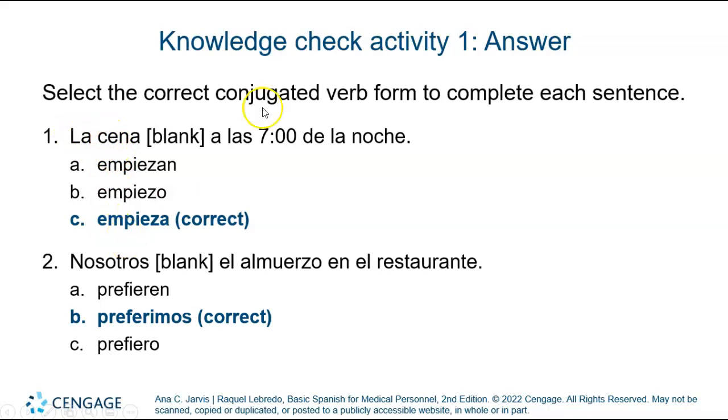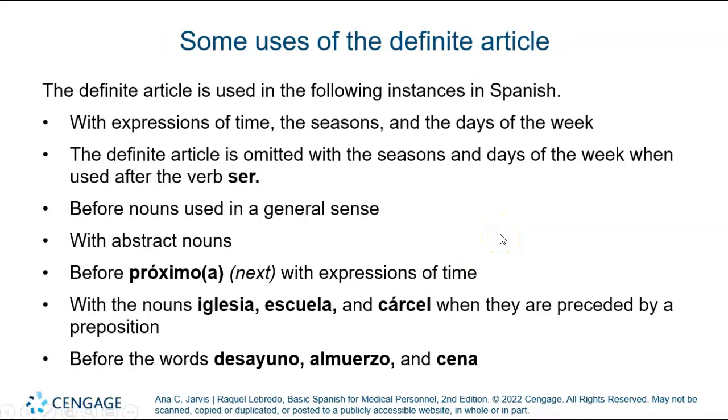La cena empieza a las 7 de la noche. Empieza because cena is singular. Nosotros preferimos el almuerzo en el restaurante. Yes, preferimos, no stem change happening. The verb preferir.